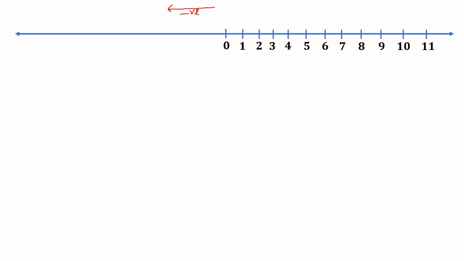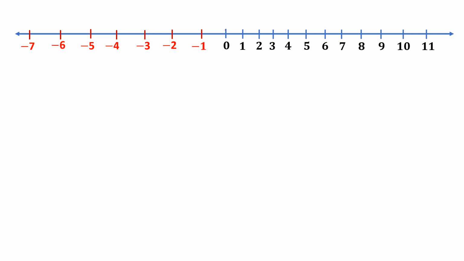Let's end here, but it stretches up to positive infinity. Let's also do the same on the left hand side. All the numbers on the left side of 0 are negative. So we have -1 here, -2, -3, -4, -5, -6, and finally -7 here, but the number line stretches up to negative infinity.